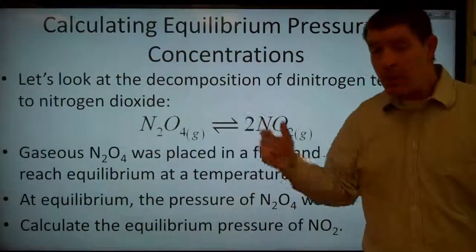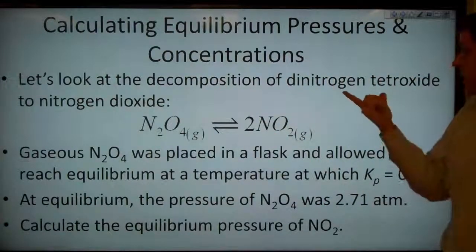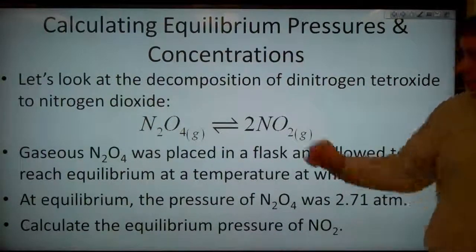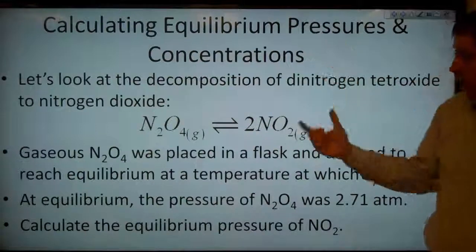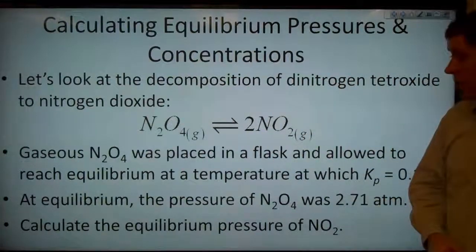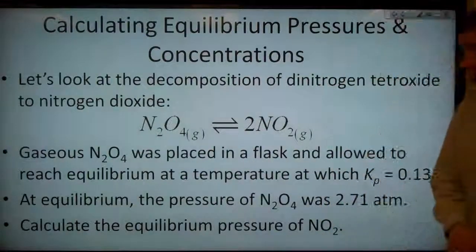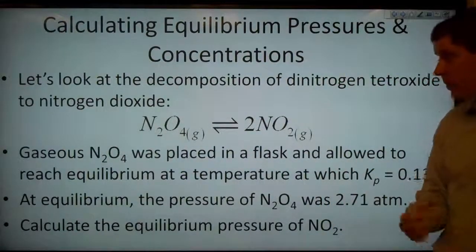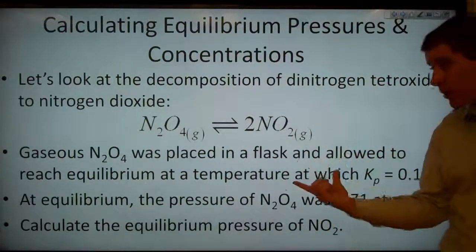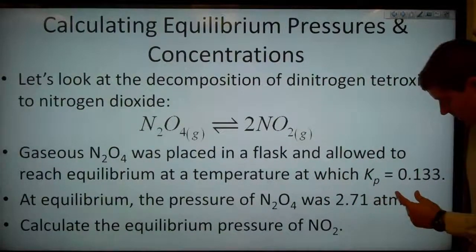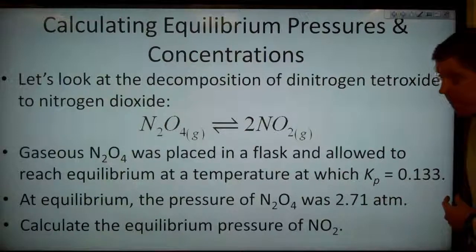So, let's look at the decomposition of dinitrogen tetroxide to nitrogen dioxide. So the N2O4 gas is reacting to give us two NO2 gas molecules. The gaseous dinitrogen tetroxide was placed in a flask and allowed to reach equilibrium at a temperature at which Kp is equal to 0.133.